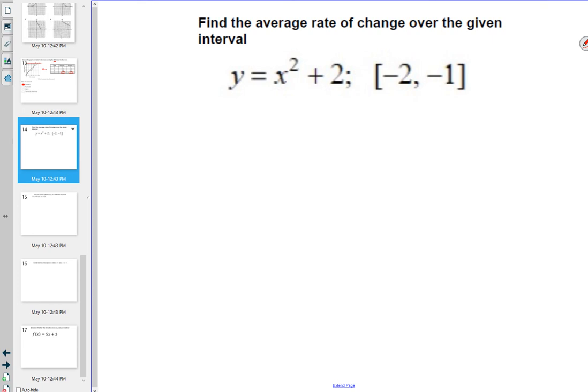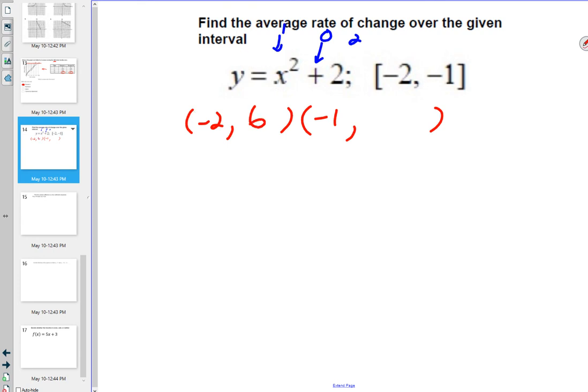Average rate of change. Okay. So with average rate of change, the slope, they're giving you the x's. You need the y's. Now these are really small numbers here. I would probably tell you just to plug in. It could be done synthetically, but if you do it synthetically, you have to take into account that there's no b. B would have to be 0. So your a, b, c would be 1, 0, and 2 if you were to do synthetic. But I would just plug in. What's negative 2 squared plus 2?